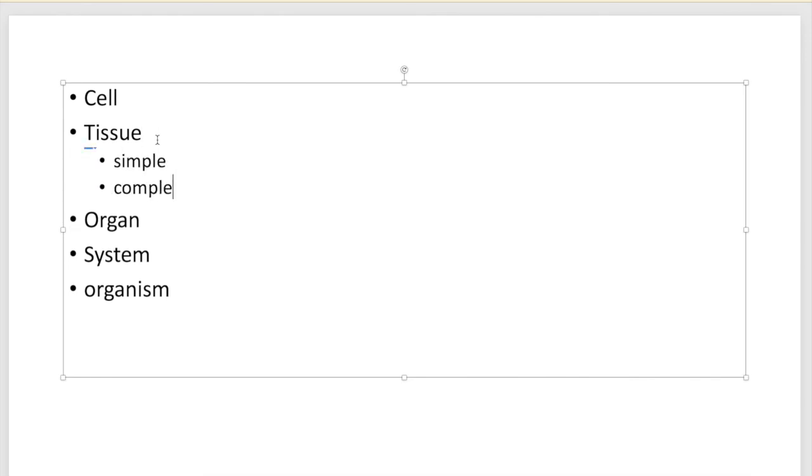And tissue wise, you have like simple, you have complex. Simple tissue are same cell type working together to perform the same function, and complex will be the different cell type coming together to perform the same function, like blood. There's all kinds of white blood cells inside, red blood cell, plasma, platelets, and things like that. Simple one would be like skin, tissue, muscle.